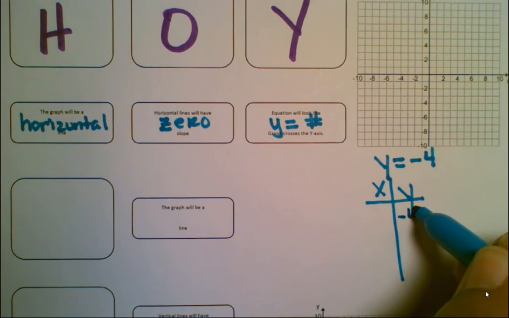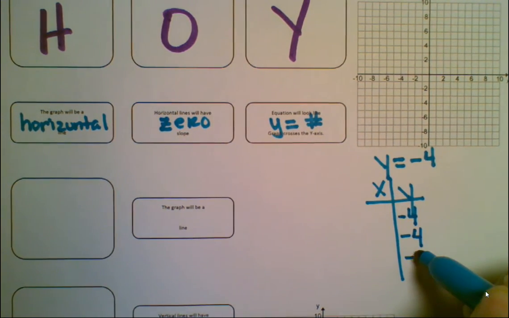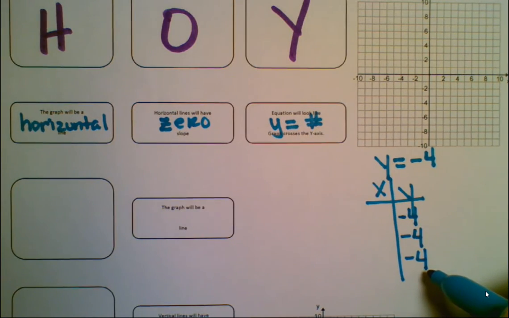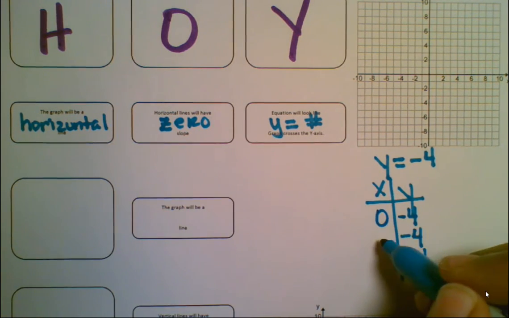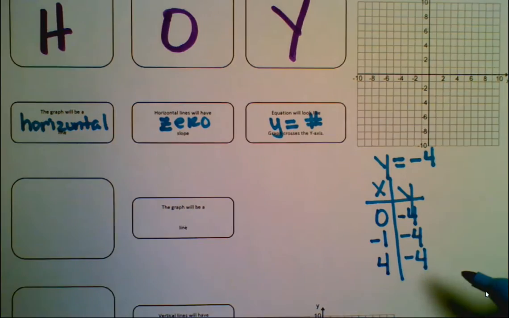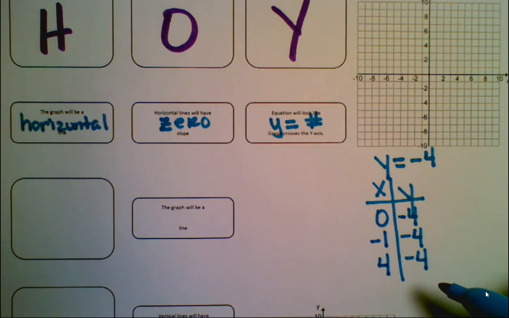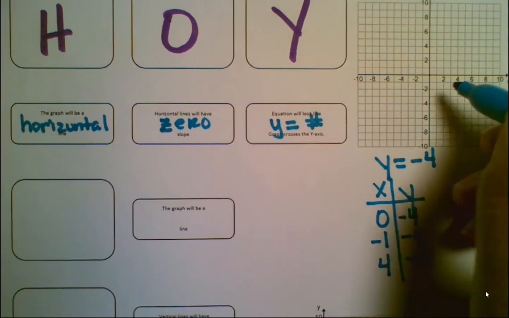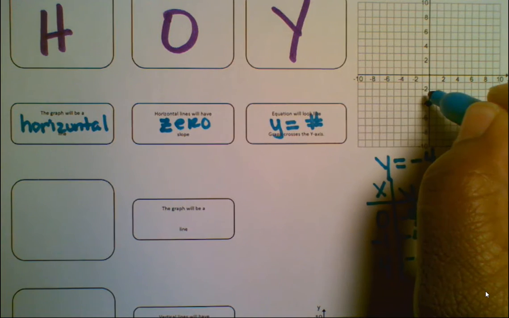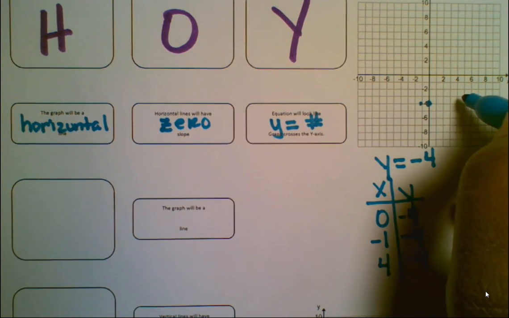So for the y column, we're going to plug -4 in. But for the x values, we can plug in any number that we want. Okay, so when we graph this, we have 0, -4, -1, -4, 4, -4.